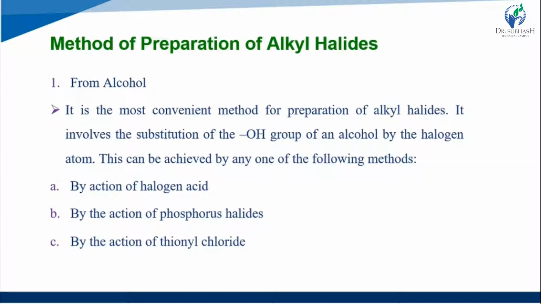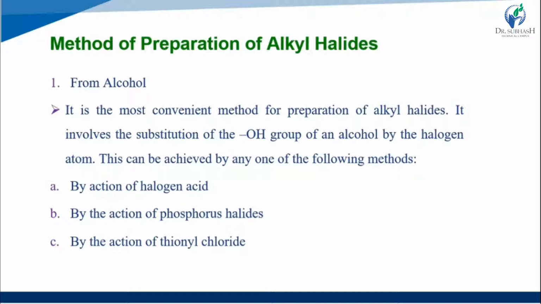It is the most convenient method for preparation of the alkyl halides. It involves the substitution of the OH group of an alcohol by a halogen atom. The OH group is replaced by the halogen atom.